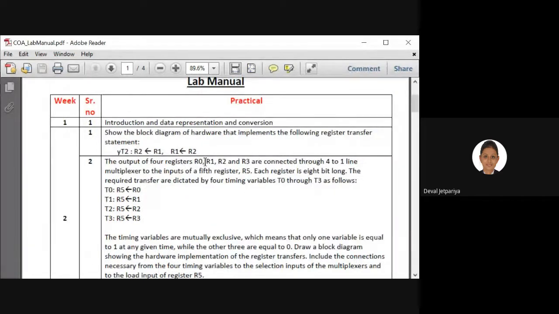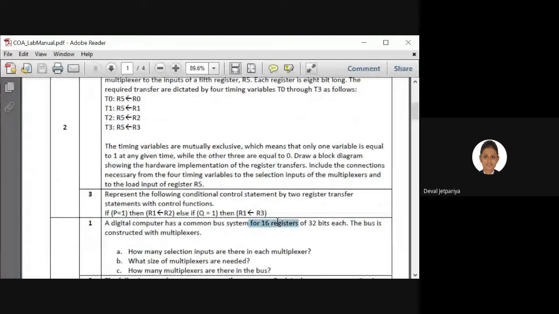See, here with 4 input registers we require a 4 cross 1 size of multiplexer. Here with 16 registers, we require 16 cross 1.